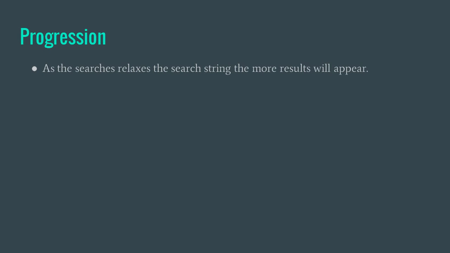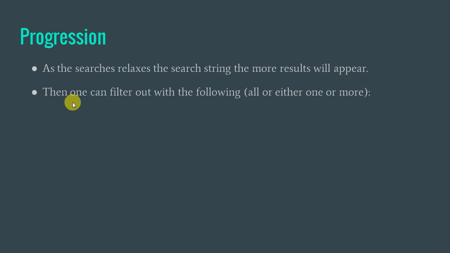The progression of this experiment says that as the search string relaxes, more results will appear. Just like when we exclude the word retail, e-commerce, and the B2B and B2C terms, it gives more results.